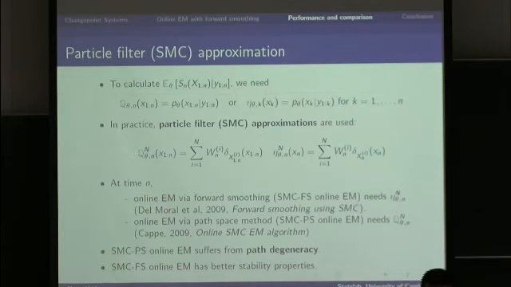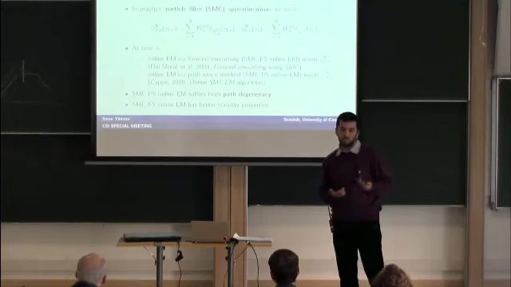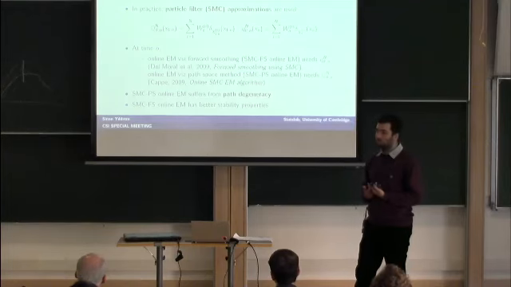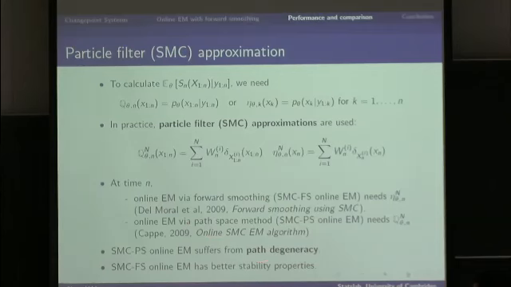In all of those algorithms, we actually use a particle filter approximation because calculating the exact posterior is not possible in practice. Here's a comparison between our forward smoothing method and the path space method in the literature. So first I'll talk about the particle filter approximation. This is the path space approximation, and this is the approximation to the filtering density only.